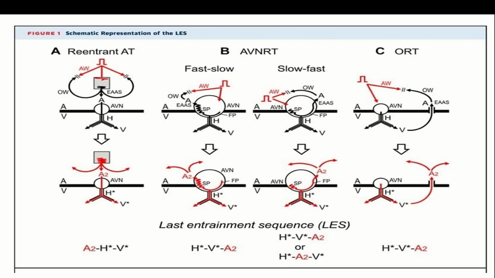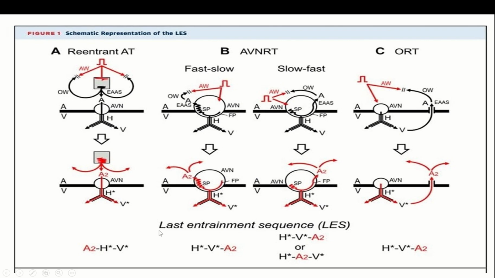This is the main concept and illustration, in which we can illustrate the conduction of the last entrained beat and how it affects the sequence in reentrant atrial tach. We can tell A2, then H, then V: AHV.